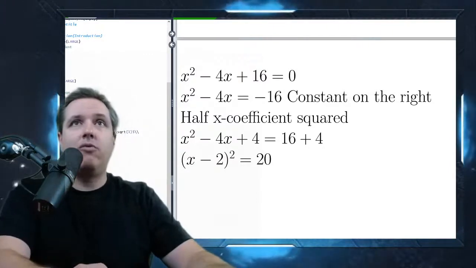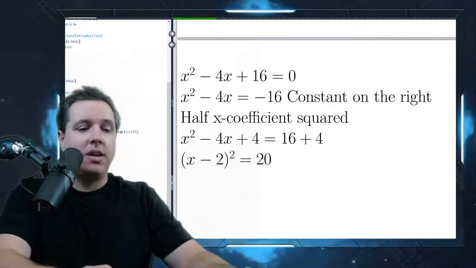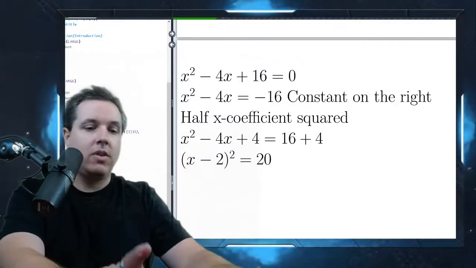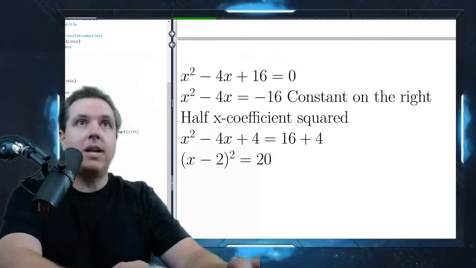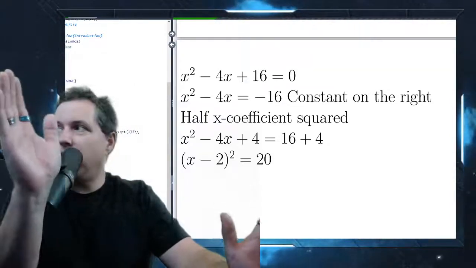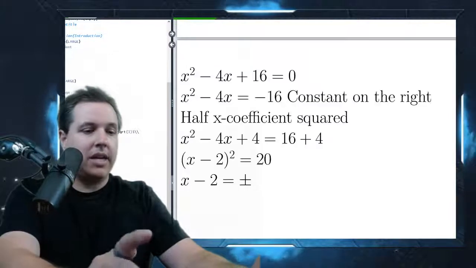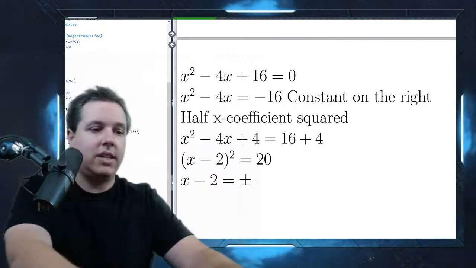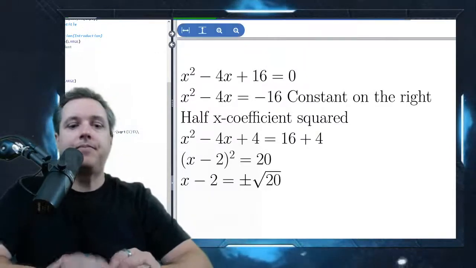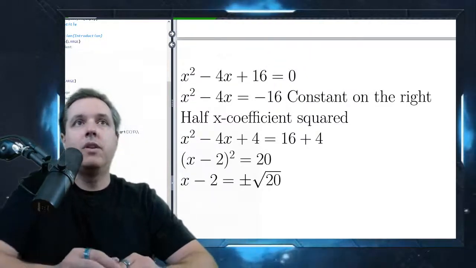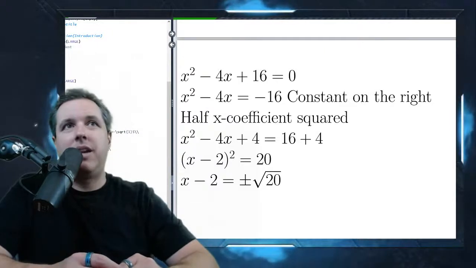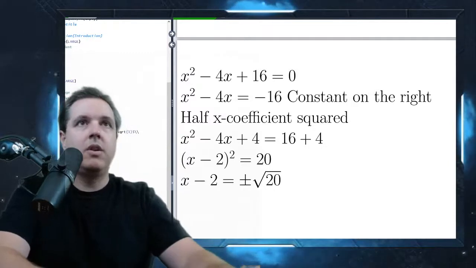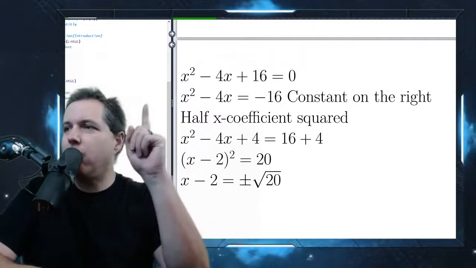So now we're going to have what? Using the square root property, this will say that x minus 2 equals, and I'm going to use the plus or minus symbol just to keep it from getting too long on the screen, plus or minus square root of 20. Okay, but now I got to simplify square root of 20.